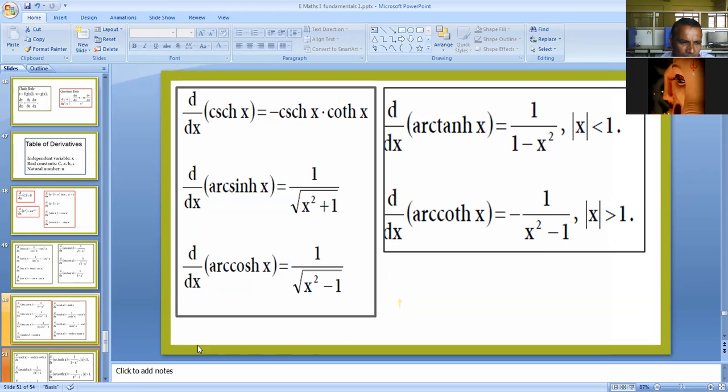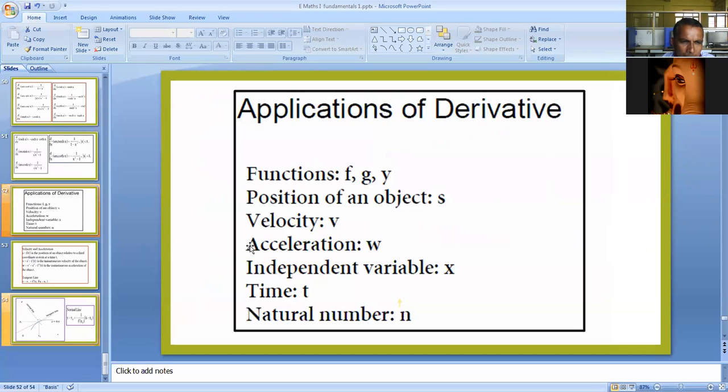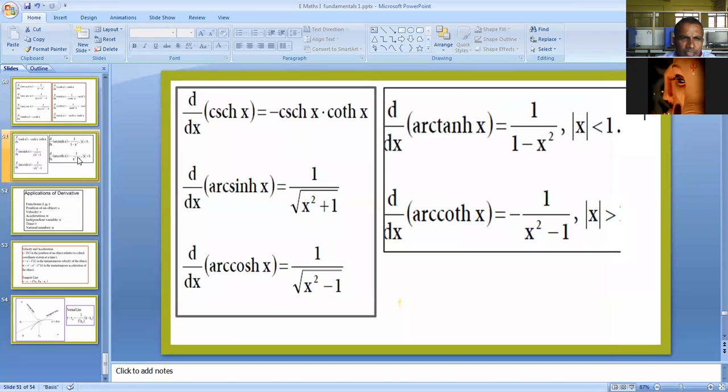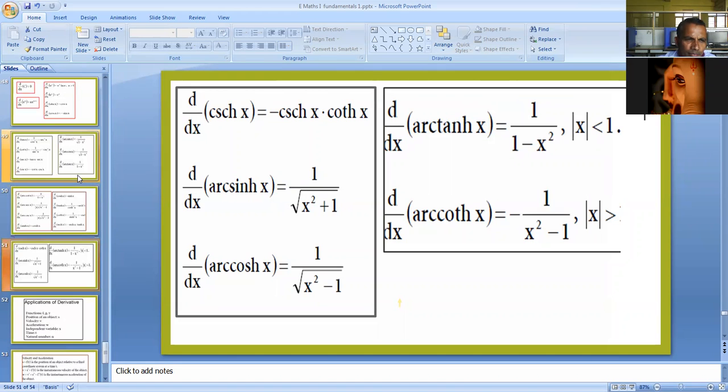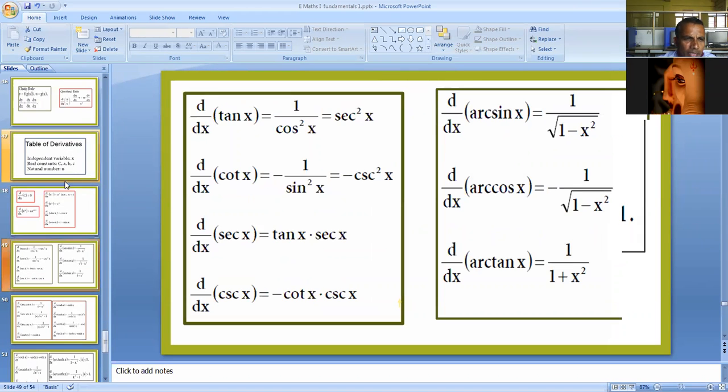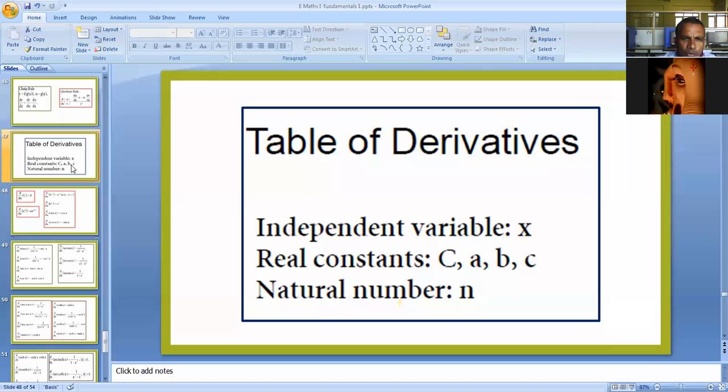Okay, you got it clearly? Does anybody have doubt in these formulae? So you have to study these formulae carefully or revise every time.